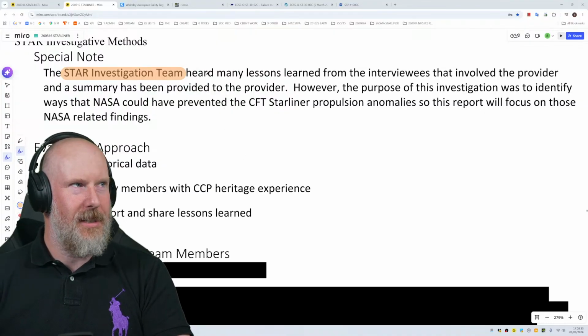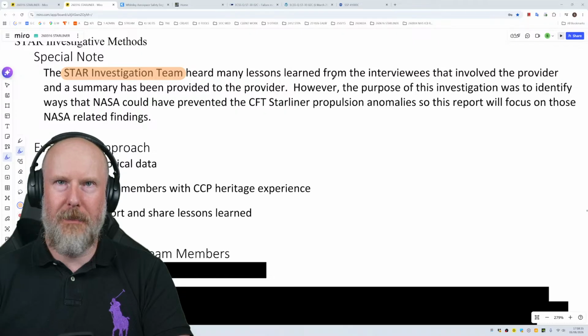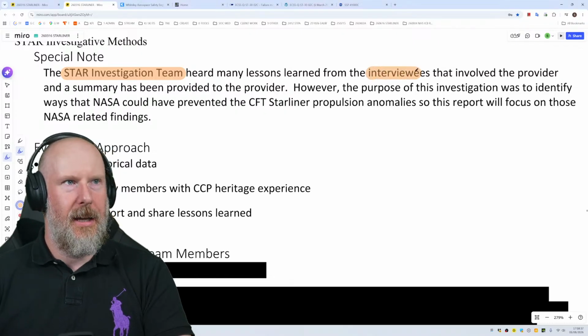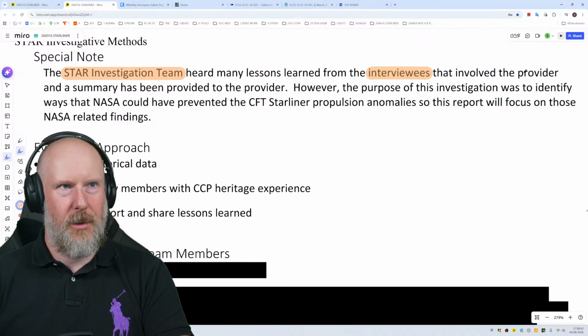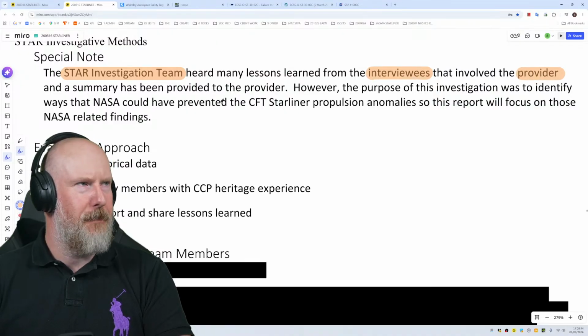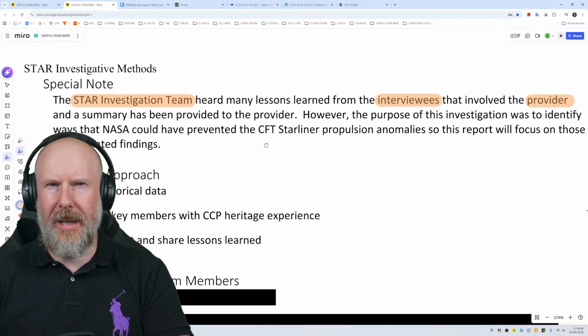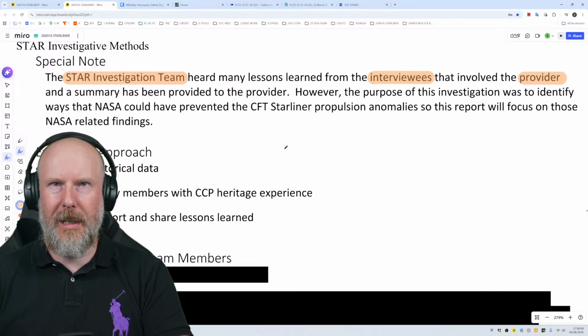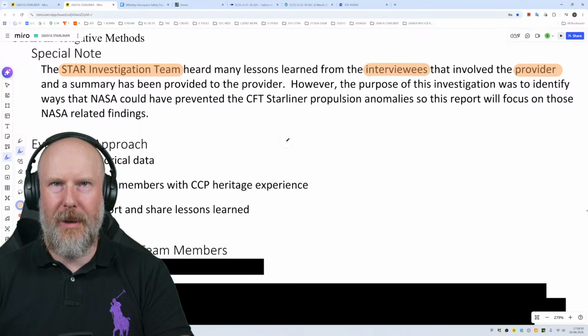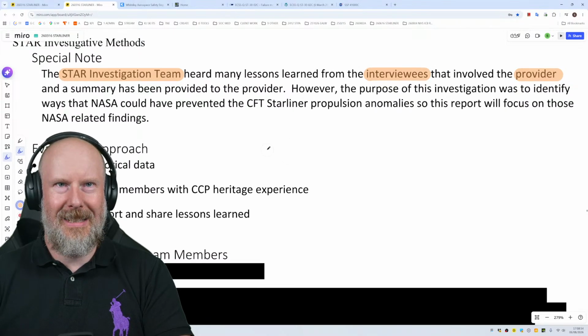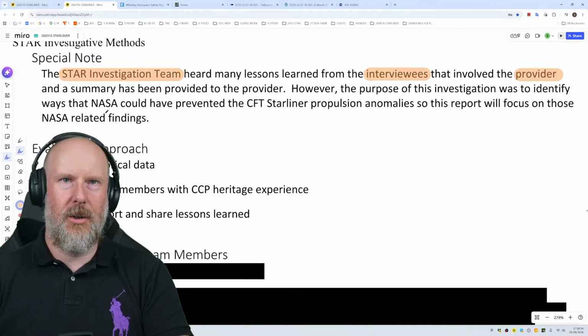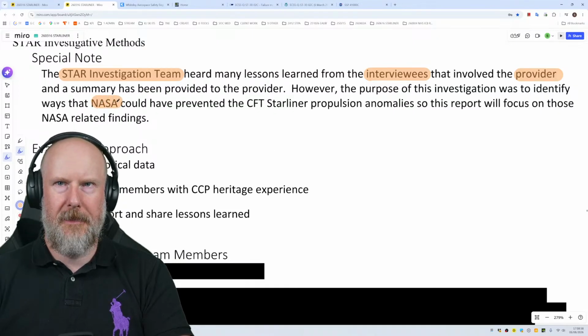The STAR investigation team heard many lessons learned from the interviewees that involve the provider, and a summary has been provided to the provider. Not sure what it means by the provider. Does that mean Boeing in terms of the spacecraft, or what does that mean? However, the purpose of this investigation was to identify ways that NASA could have prevented the CFT Starliner propulsion anomalies.